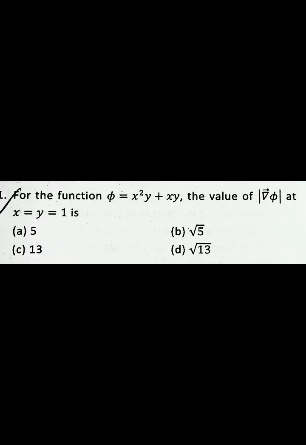The next question is, for the function phi is equal to x square y plus xy, the value of mod del phi at x is equal to y equal to 1 is dash. So here the given function is phi is equal to x square y plus xy, then del phi is equal to (2xy plus y) i cap plus (x square plus x) j cap.